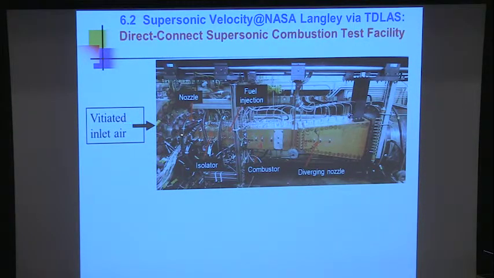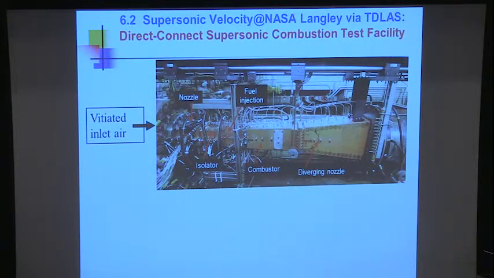So upstream, how do you get high-speed air? You can compress it and then you expand it, but if you expand it, it's cold, and they don't want it to be cold, so they heat it, and that's called vitiation. So they do some heating of the air so that when it enters this region here, this isolator where it calms down, it'll have the inlet conditions they want to study this combustor to simulate hypersonic flight.